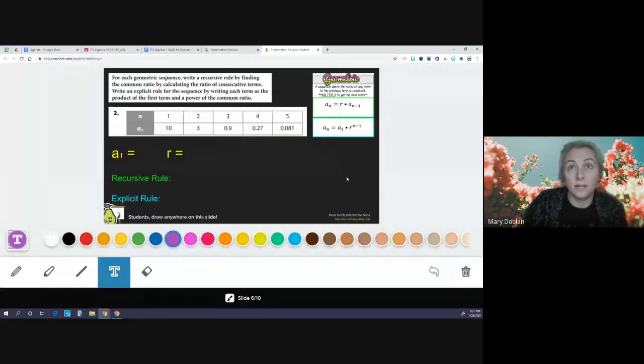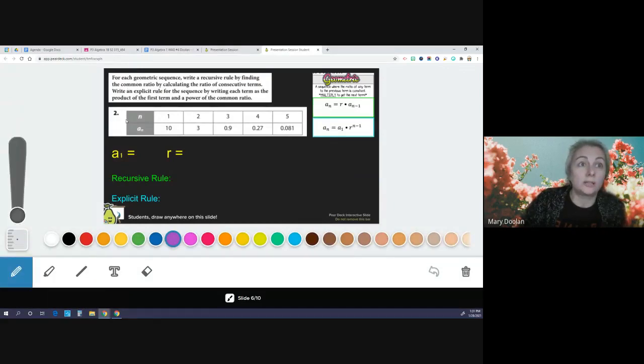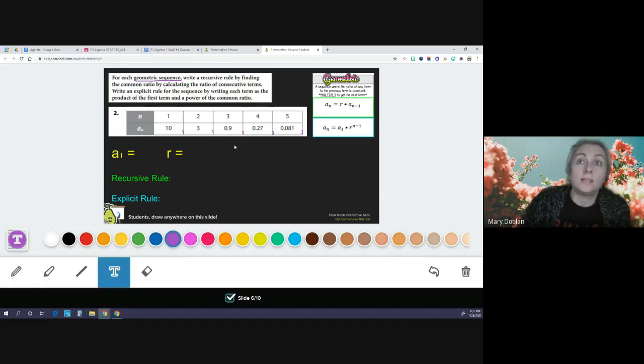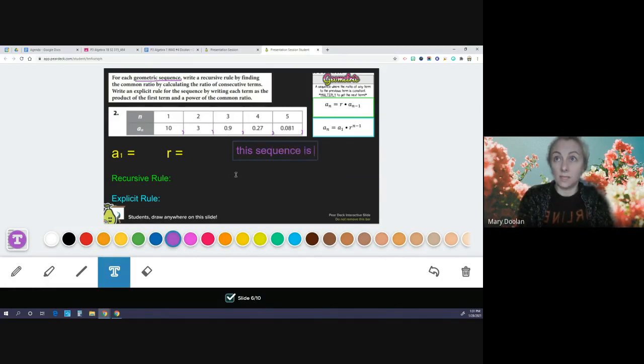And now our geometric sequence. I'm just going to talk about the same thing I just showed you guys. So our geometric sequence here goes 10, and then 3, and 0.9, and then 0.27, and 0.081. This sequence is decreasing.